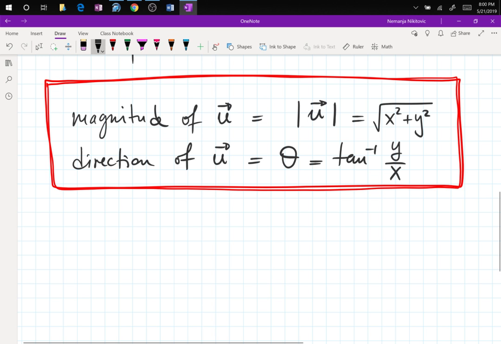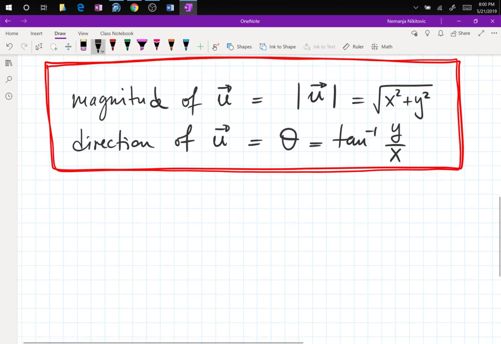Now, a vector can be decomposed into its x and y components. If you ever took physics, I'm just wasting your time, I'm sorry, but such is life. This is my vector u, and this vector u can be decomposed into two vectors. This is uy and ux for x direction.